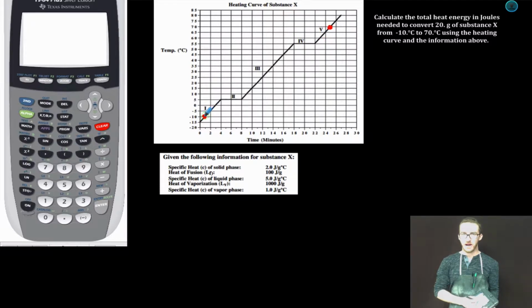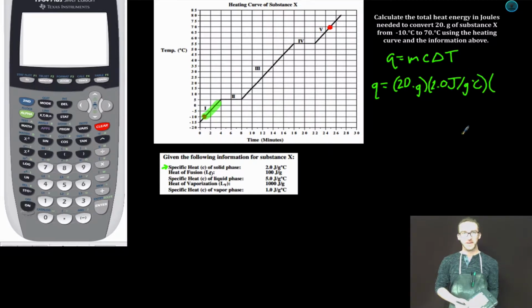First calculation, I need to think about how much heat is required to go from negative 10 up to my melting point of 5 degrees Celsius. It's a sloping section, so I'm going to use q = mcΔT. My mass, 20 grams. The specific heat in the solid phase, 2.0 joules per gram degree Celsius. And the temperature change, final temperature 5 degrees, initial temperature negative 10 degrees.